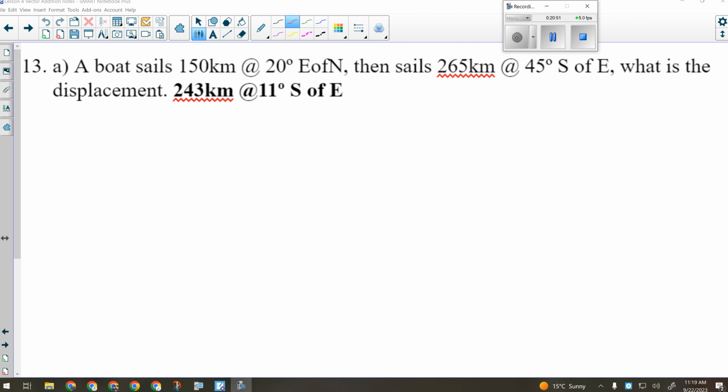I'm just going to put the diagram up here. Okay, so we got east and north first, and it's the shorter of the two.